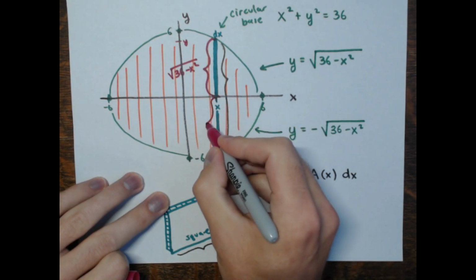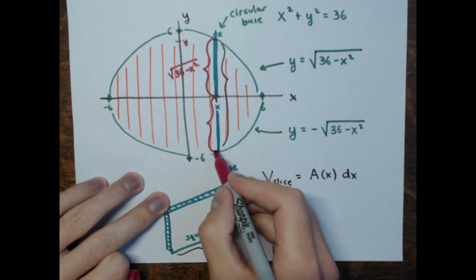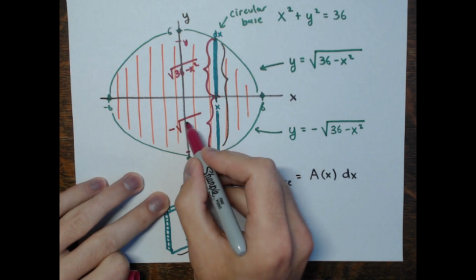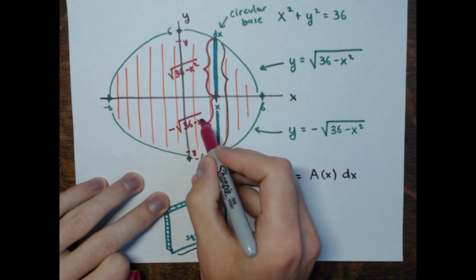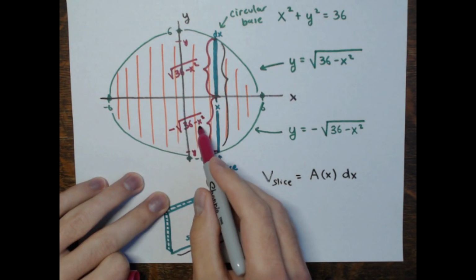And then from the x-axis to the bottom here, hopefully you can see it's the same length. But the y coordinate down here would be the opposite of the square root of 36 minus x squared. But that's a negative value.